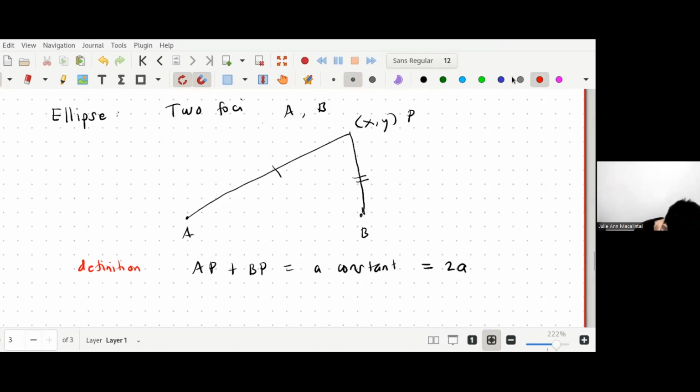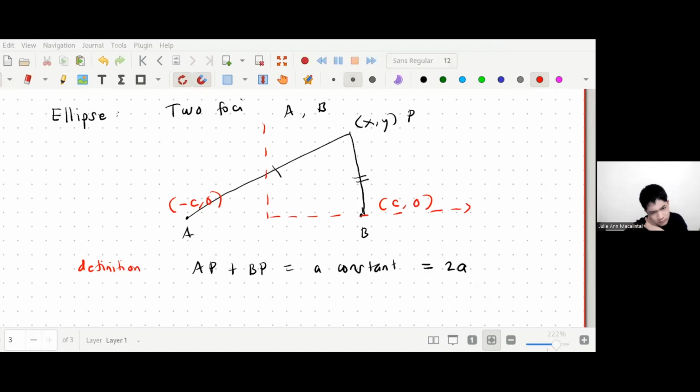Ngayon, for convenience, let's introduce a coordinate system so that we can find an equation. Let's call the coordinates of A and B: for A, it's negative C, 0. For B, the coordinates are C, 0. Set up the equation for the ellipse.